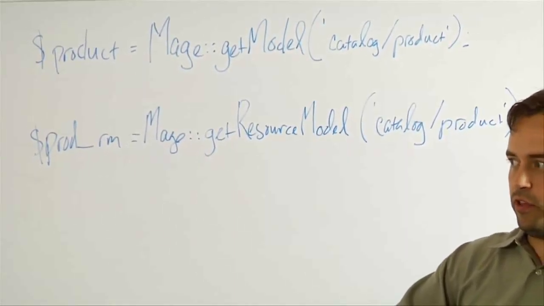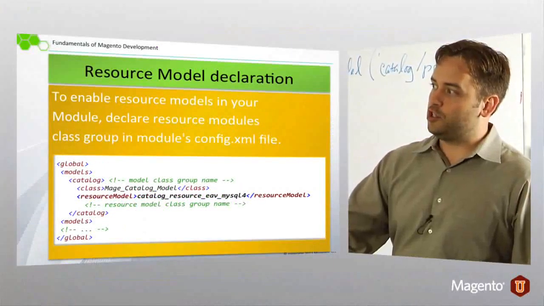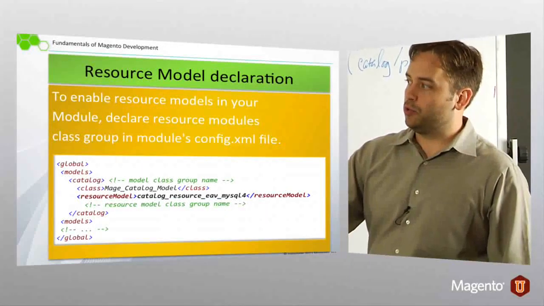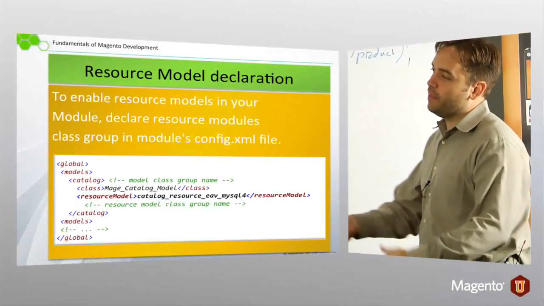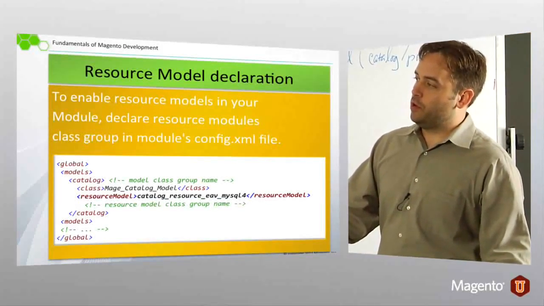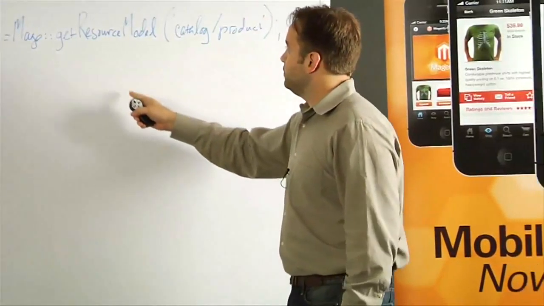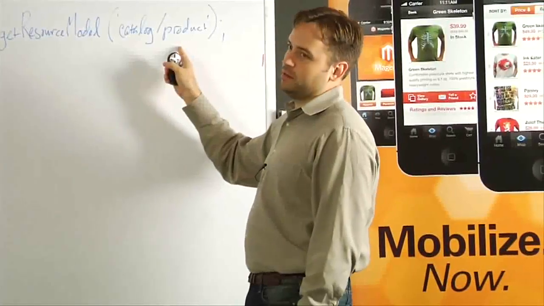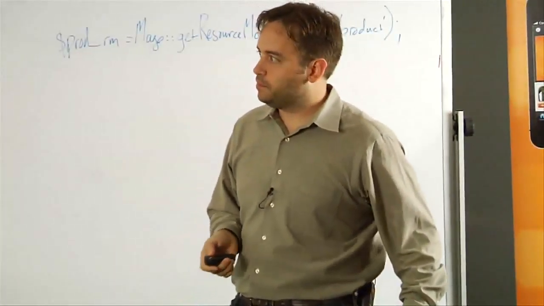The system will look for this under config global models, and then we'll look for a resource model node. And then this string here becomes another node, adjacent, basically another model node. Okay? And then that, in turn, contains a class prefix so that we can get whatever the class prefix is, slash product.php. That's all there is to it.